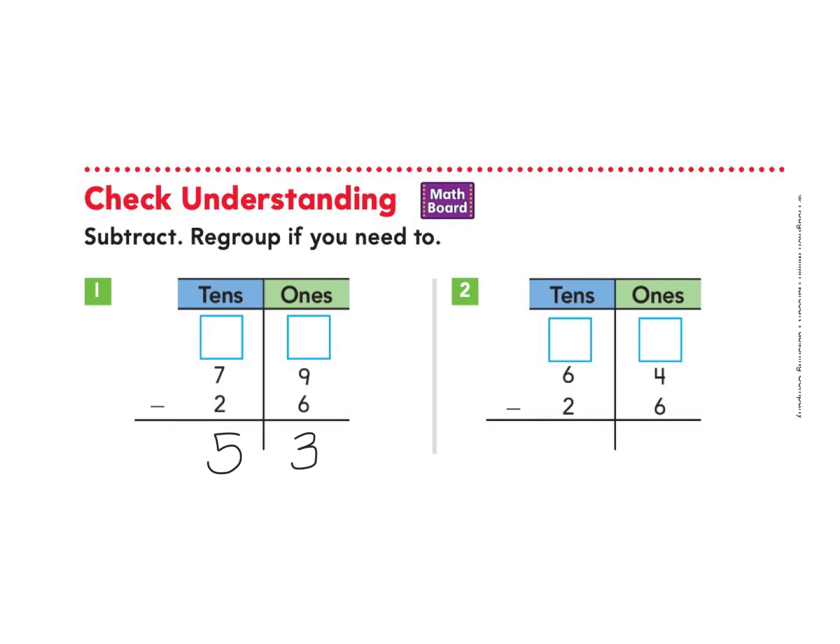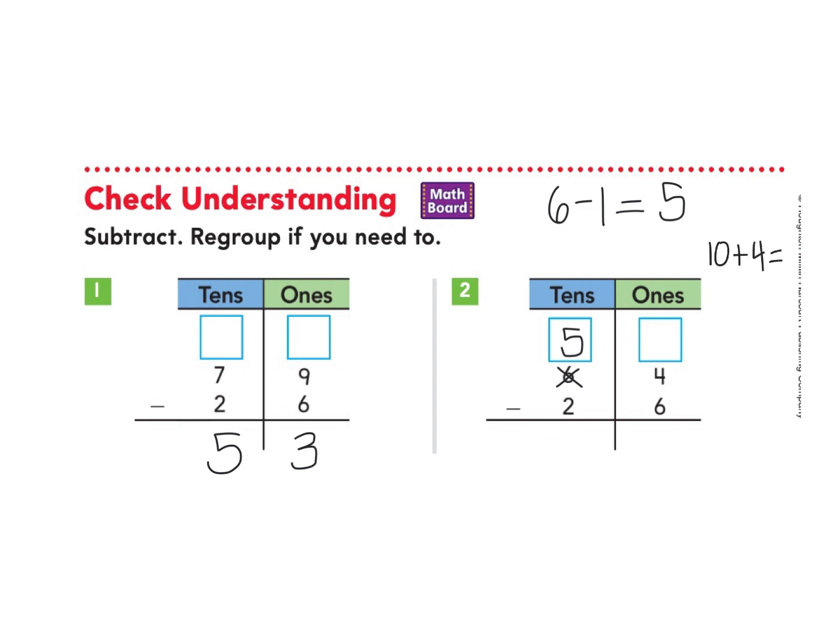So we take 6 minus 1, and when we take 6 minus 1 we get 5. So we'll cross out the 6 groups of 10 and we will make 5 groups of 10. Then we're going to take one of those groups of 10 and we're going to bring it over to the ones column. And so here we'll have 10 plus 4.